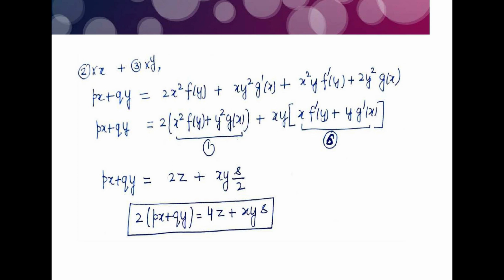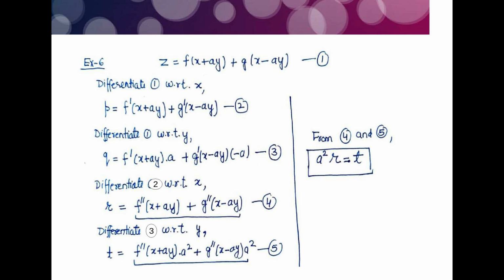So on the right hand side, for the first expression in the bracket we will use equation number 1, and for the second expression we use equation number 6. So the first expression is z by equation number 1, and using equation number 6 the second expression will be s. So finally we have a partial differential equation and there is no arbitrary function f or g.